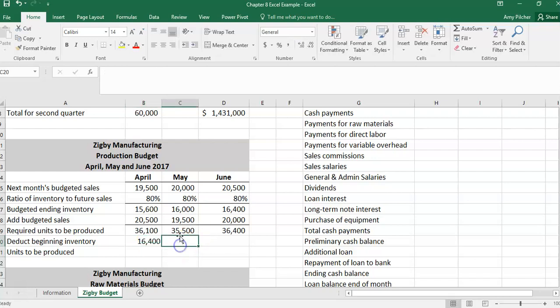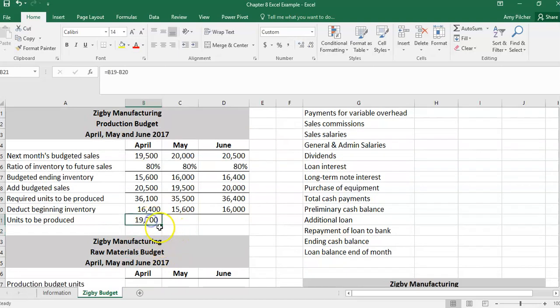For May, our ending inventory for April becomes our beginning inventory for May, and our ending inventory for May is our beginning for June. We take the units we need minus our beginning inventory, and that tells us how many units we need to produce each month in order to meet our goals.